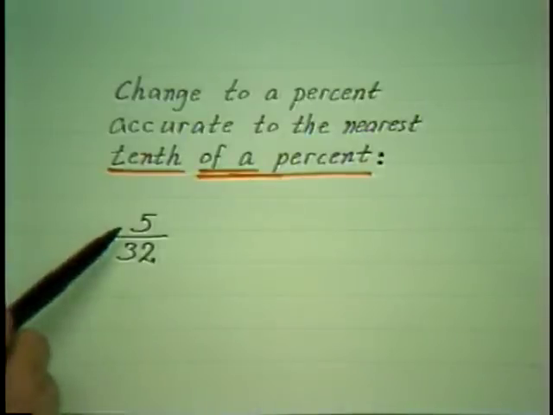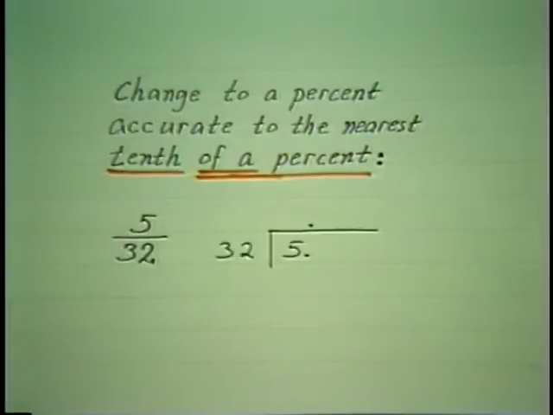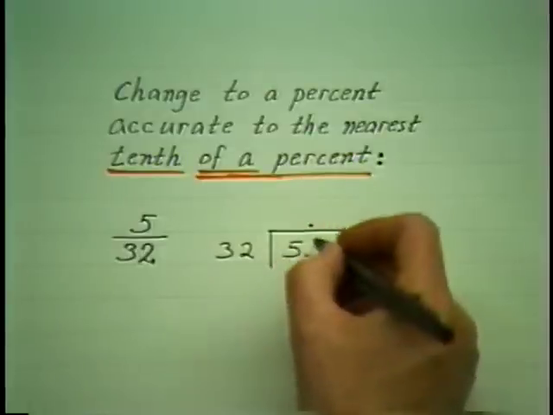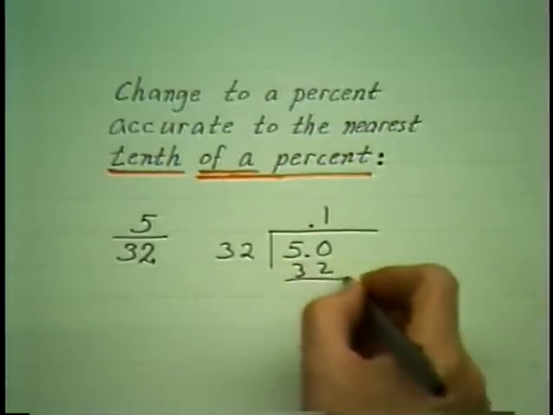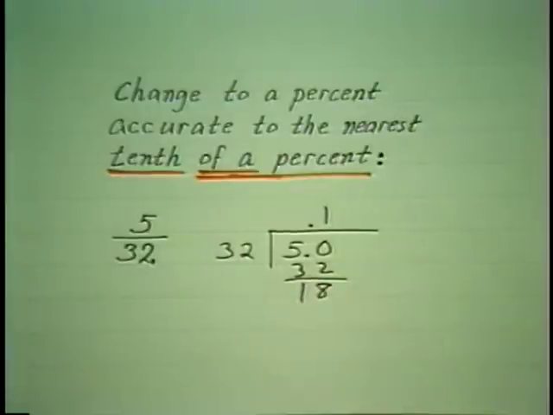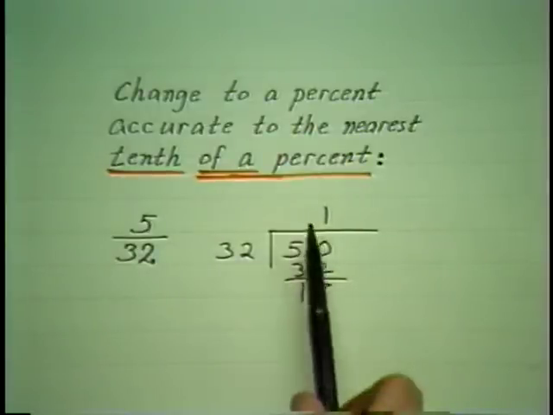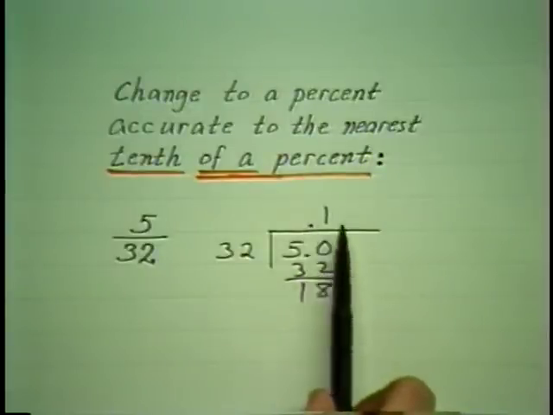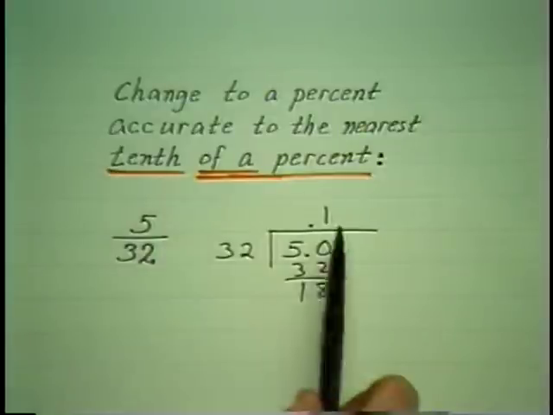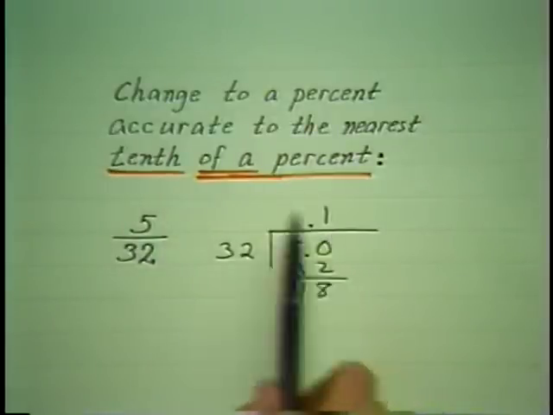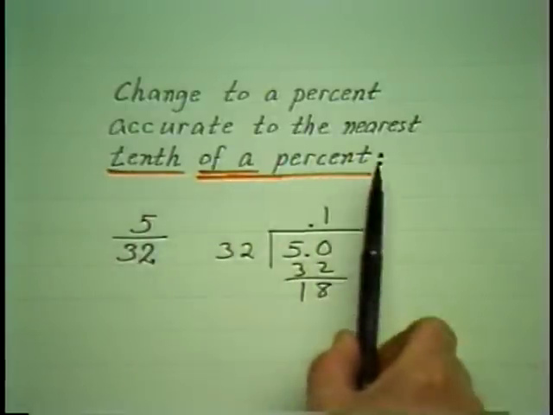So if we do this division, we would get this division problem, and beginning to divide, there is a temptation to quit here by saying I have it to the nearest tenth, and that's what they wanted. And the answer is no. They didn't want it to the nearest tenth period. They want it to the nearest tenth of a percent.